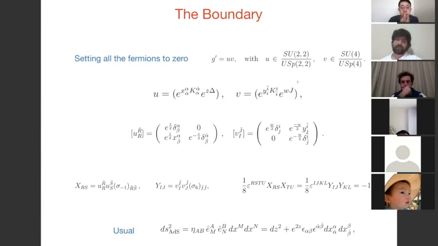It's also possible to do the standard way, which is to compute the Maurer-Cartan form of the coset, and then contract and compute the metric, and then you get this metric in AdS. So this in our coordinates is very similar to the usual Poincare coordinates, but you see that it is not exactly the same because you use K here instead of P's.